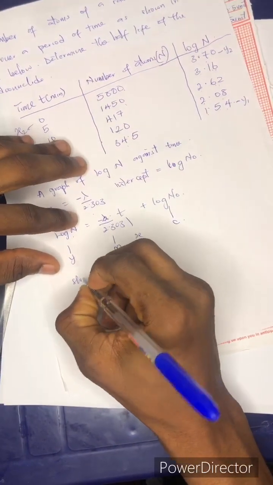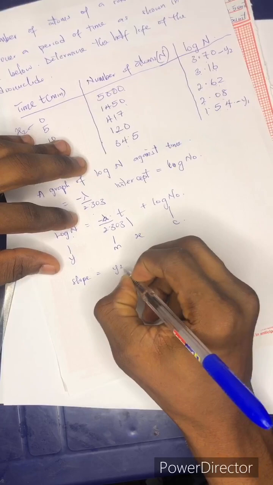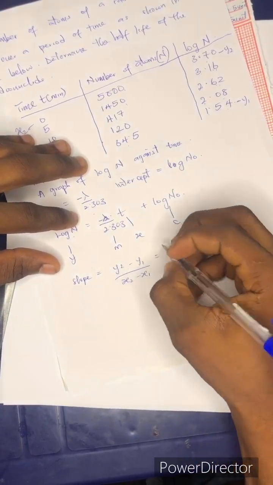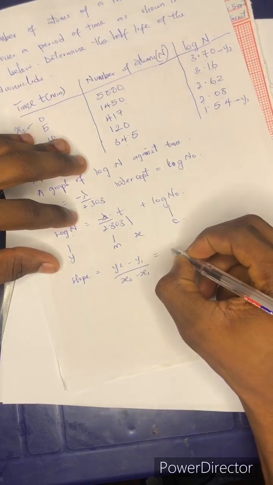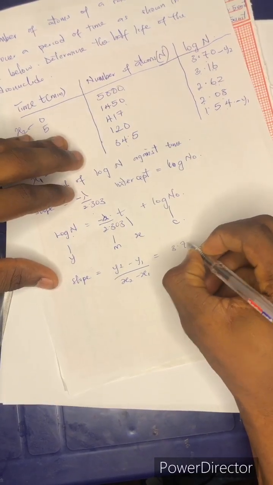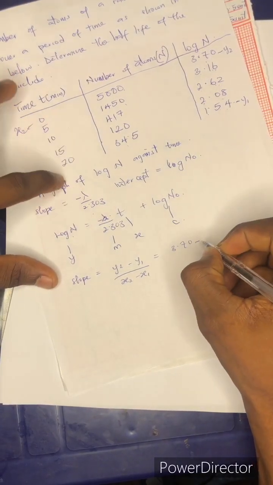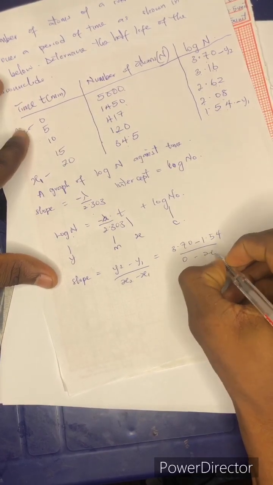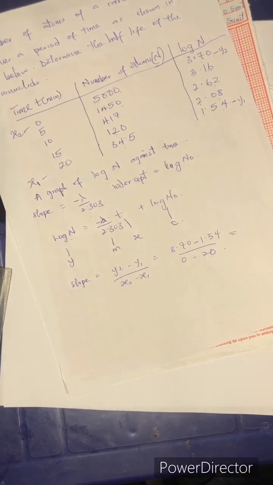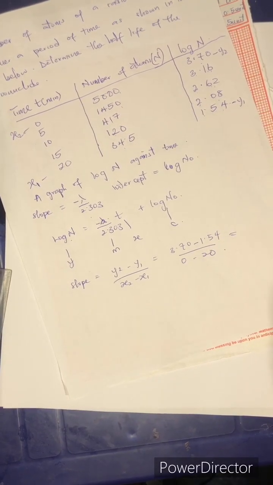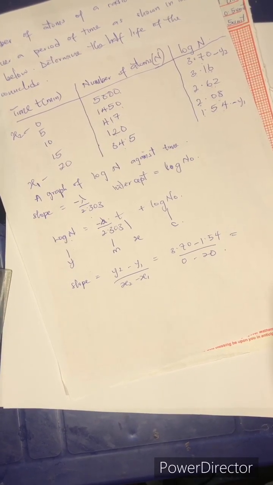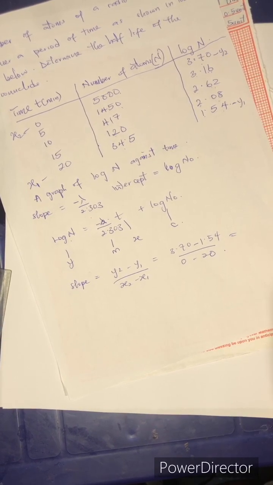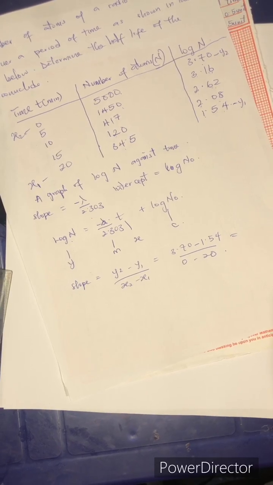So slope is equal to y2 minus y1 over x2 minus x1, which would give me, let's say, 3.70 minus 1.54 all over 0 minus 20. Let me calculate. I'm actually solving it the way I'm teaching you, just so people are seeing it very well.